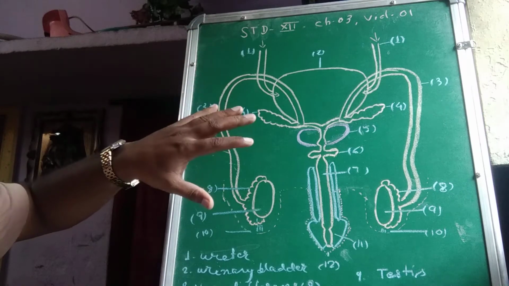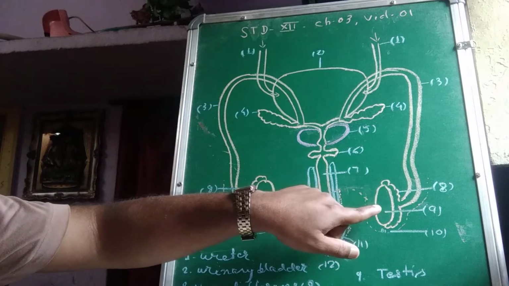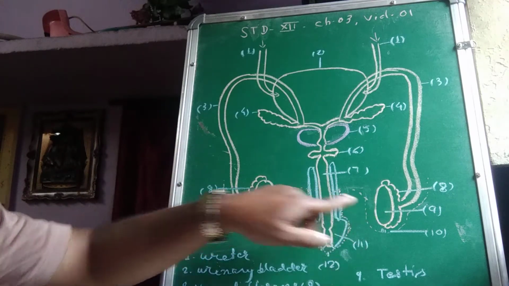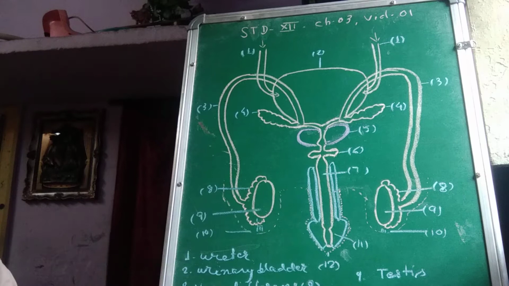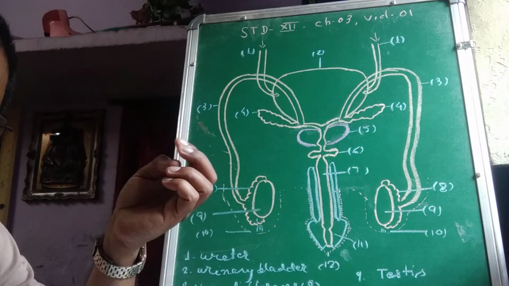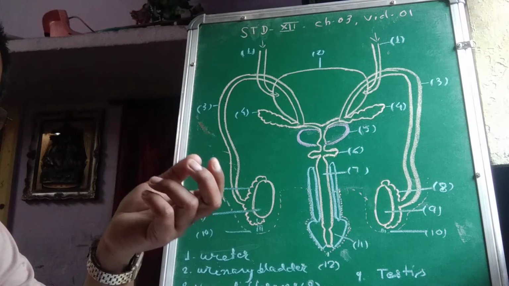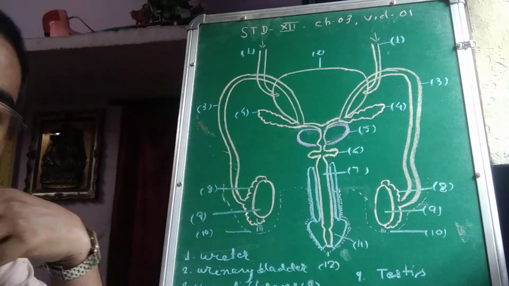Here in the male reproductive organ we have to start with the testes. First of all, left and right, there are two testes. They hang outside the body. One question arises: why do the testes hang outside the body?